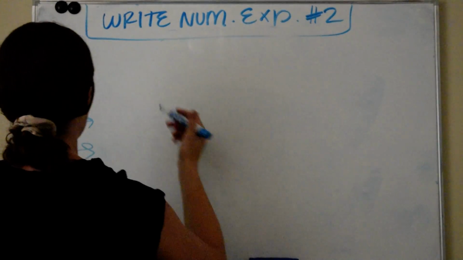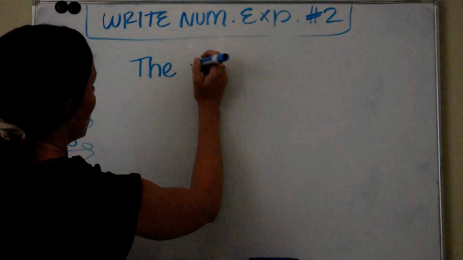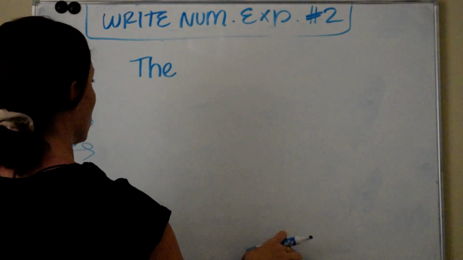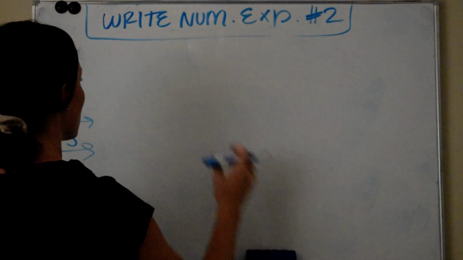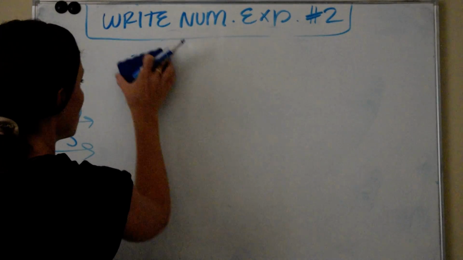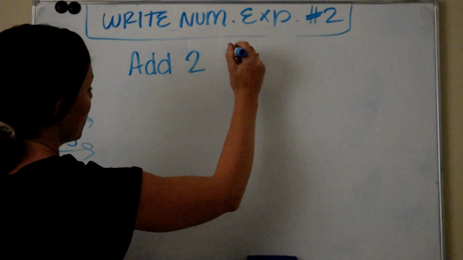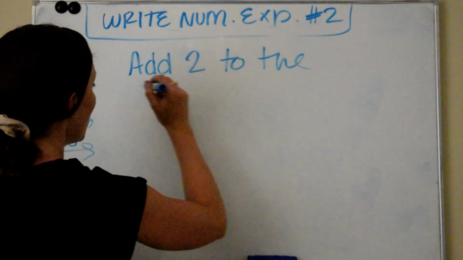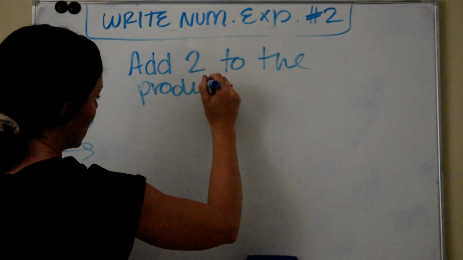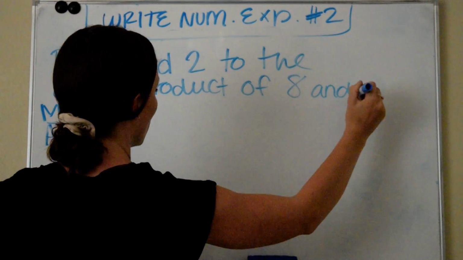Let's do this. Let's go add 2 to the product of 8 and 1.